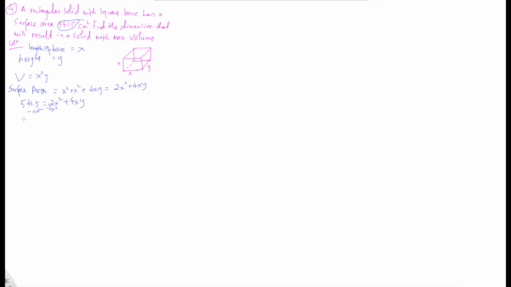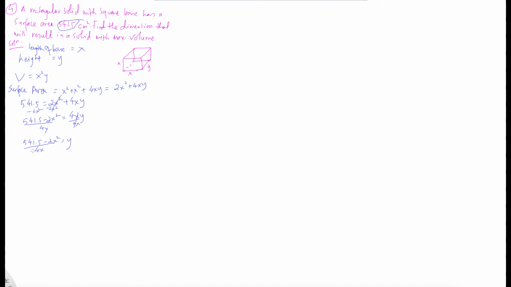You get 541.5 minus 2x squared equals 4xy. Now divide by 4x, since we are solving for y. So what you get is 541.5 minus 2x squared over 4x equals y.